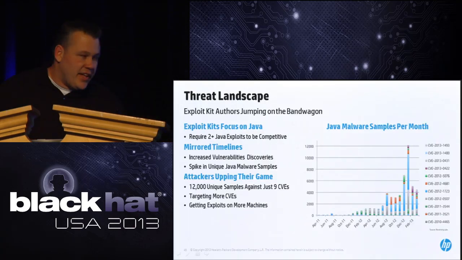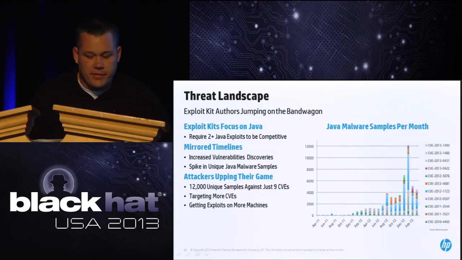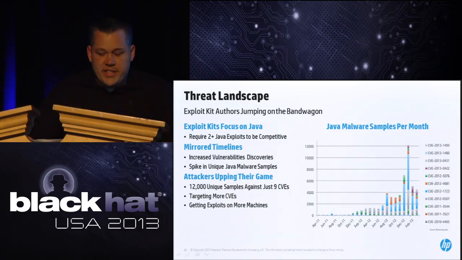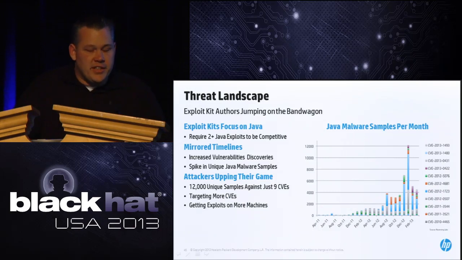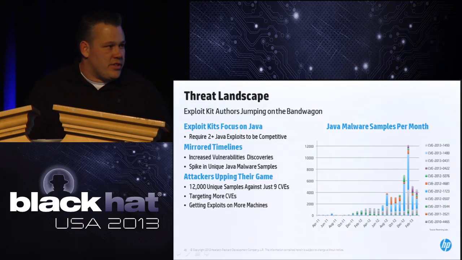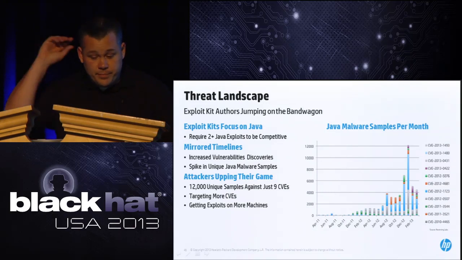If we actually look at the landscape itself based off of the ReversingLabs data that we had, you see a huge increase in malware that is leveraging Java every day. Interestingly enough, it mirrors the vulnerability discoveries that were going on. You see a huge uptick in unique malware samples in the sample set around the same time that a large number of issues were being discovered.